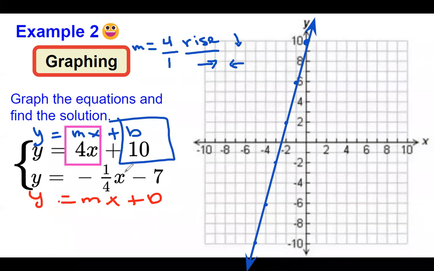Y equals mx plus b. Where do I start? So we're going to start with our beautiful y-intercept at -7. Which axis? X-axis or y-axis? Y-axis. So I'm going to start at -7 right here. Now my slope here is what? -1 over 4. So where's my next point?